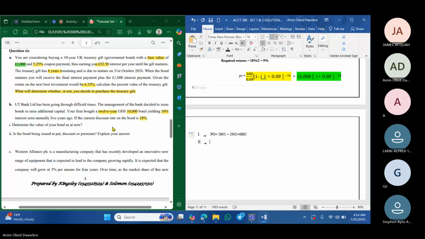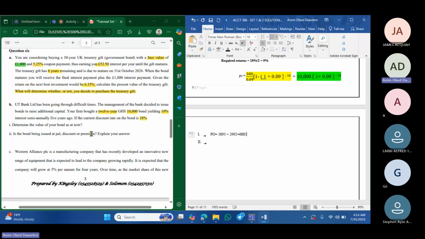So, as he said, the present value we have calculated, 6,885, is less than the face value, the 10,000. So the price as at now has been reduced. So that means that the bond is trading at a discount.